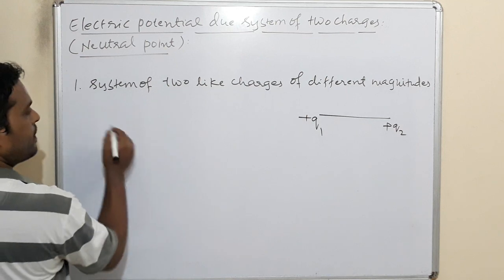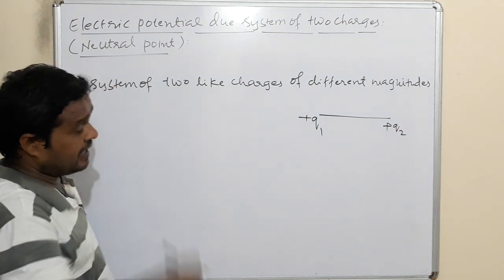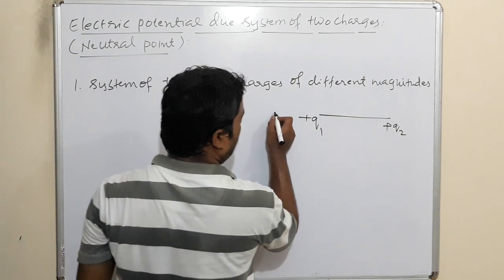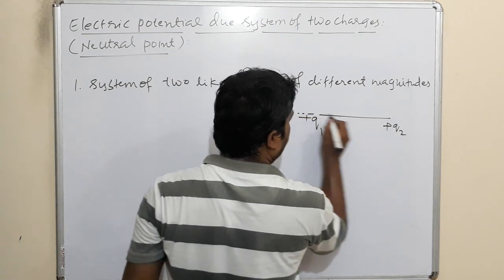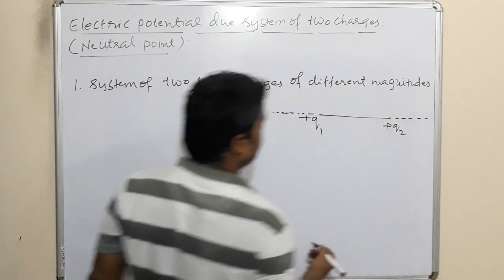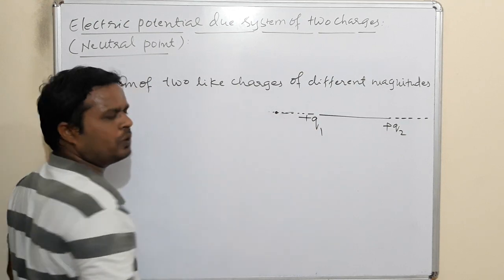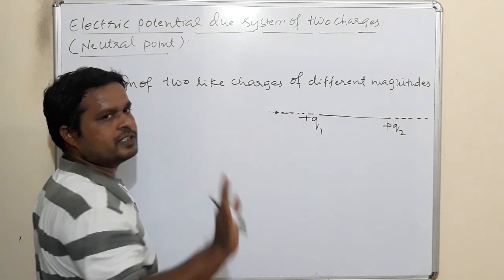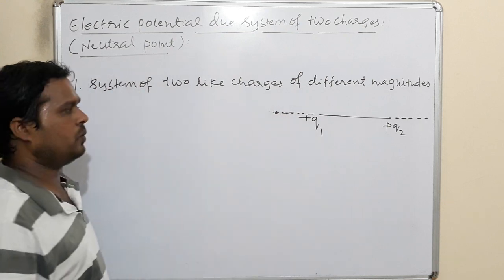Let us suppose these charges are of different magnitudes. Wherever you see on the line joining the two charges, the potential due to this charge will be plus, whatever may be the distance. If the charge is positive, potential is positive. If the charge is negative, potential is negative.